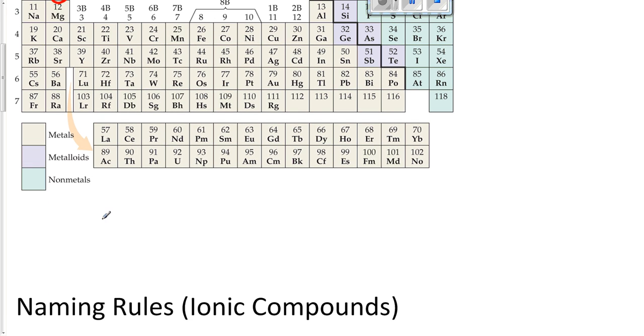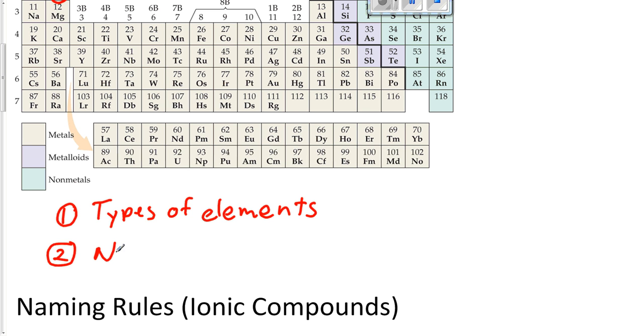And when we name compounds, we need to really think about what's important about the name. The name really needs to do two things. It needs to tell us, one, the types of elements, and the second thing is it needs to tell us the number of each element.